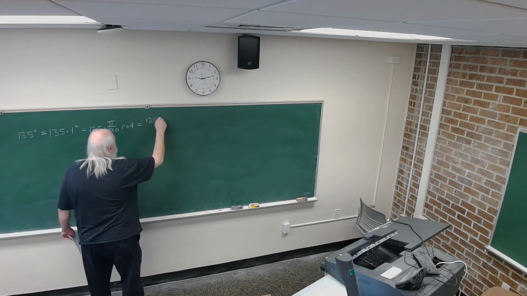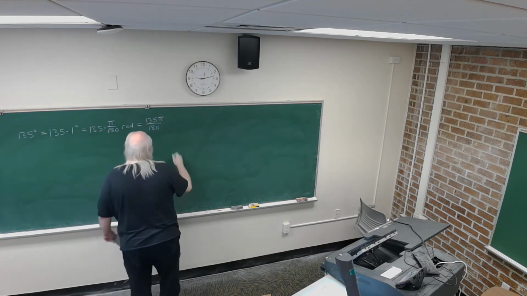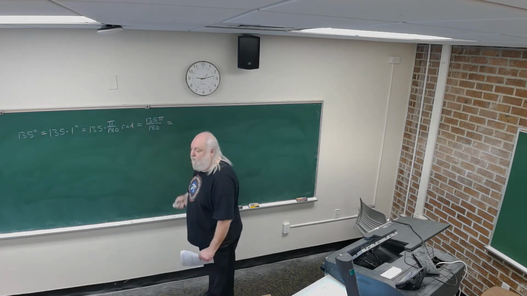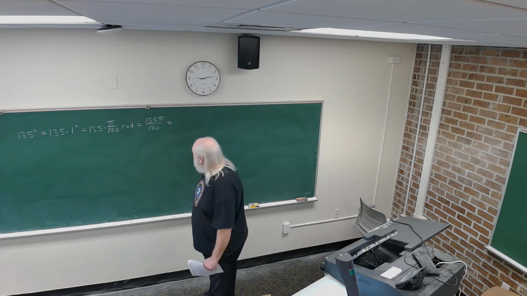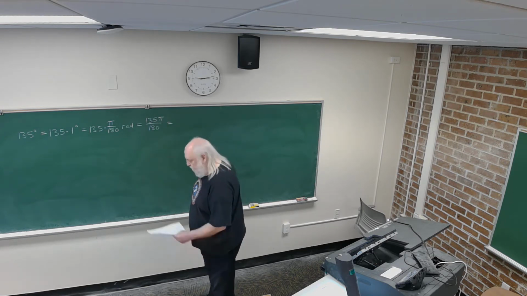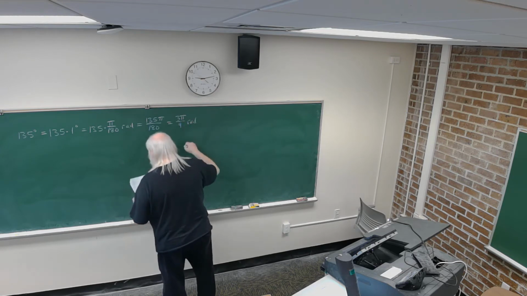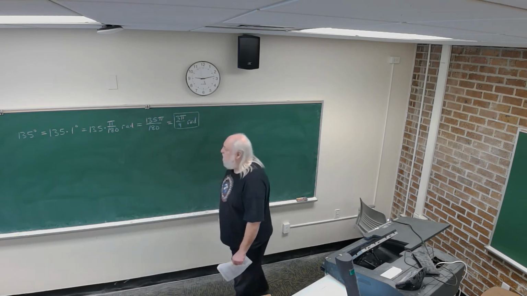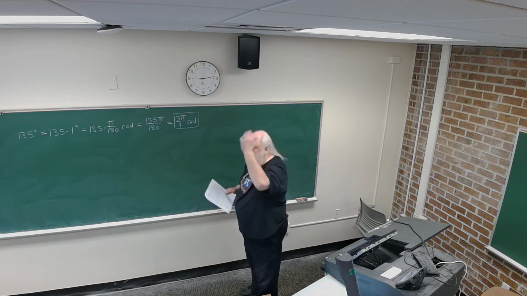So this can be written as 135 pi over 180 radians. Because of the pi, whenever we see an angle with pi in it, we just assume it's radians unless we're told something different. Now you have to reduce 135 over 180, which reduces to 3 pi over 4. So the angle 135 degrees is equivalent to the angle 3 pi over 4 radians.